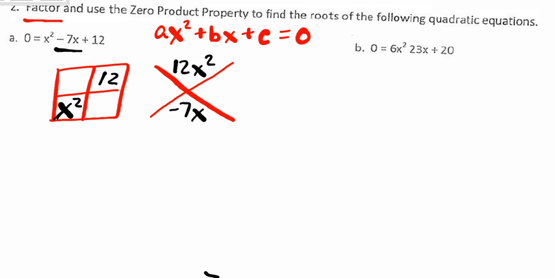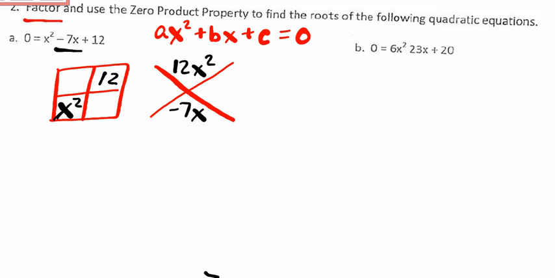So at this point, I have to figure out what two factors multiply to a positive 12x squared and add to a negative 7x. If I don't know, I can start going through my factors of 12. I know that they add to a negative number, and since they multiply to a positive number, I know that both of them have to be negative.